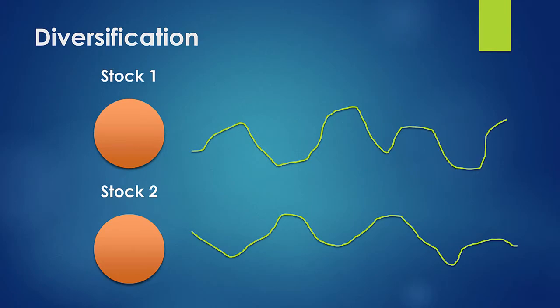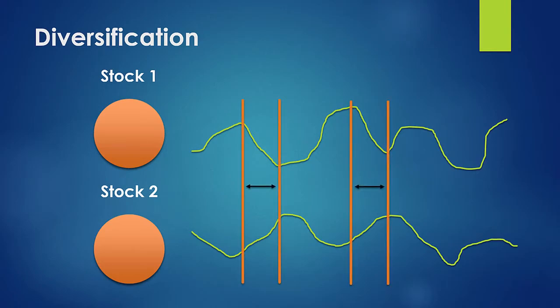And so if you have one stock where you lose a lot of money, and you have another stock where you gain some money, those differences will offset each other. And so these big fluctuations that you would have experienced only owning one investment opportunity, those fluctuations get reduced, and therefore your risk gets reduced.